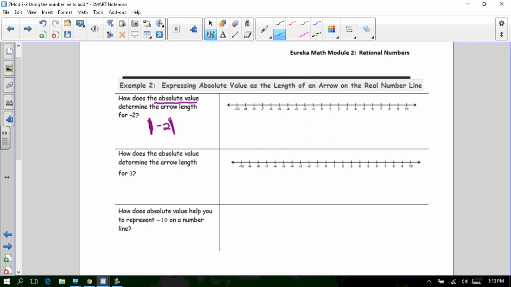If I said, how long is just the arrow of -2? Well, you would start at 0 and draw an arrow and it would bring you right to here. But how long is that space? Well, it's 2, because the absolute value of -2, that arrow length, is 2. That's the length of the arrow.